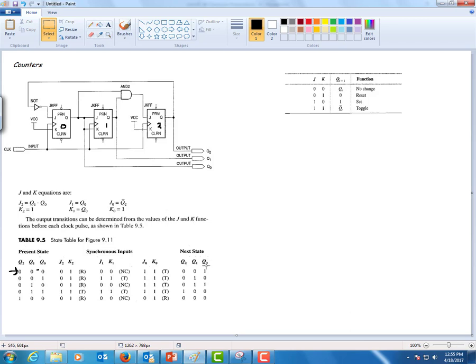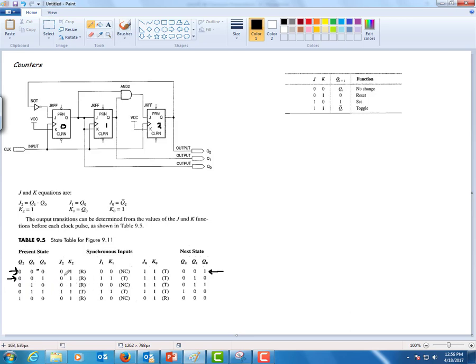Now, if we take this next state right here, this next state now becomes the present state of your subsequent row. Okay? So now you're going to start here, and you're going to go through the exact same exercise we just went through.